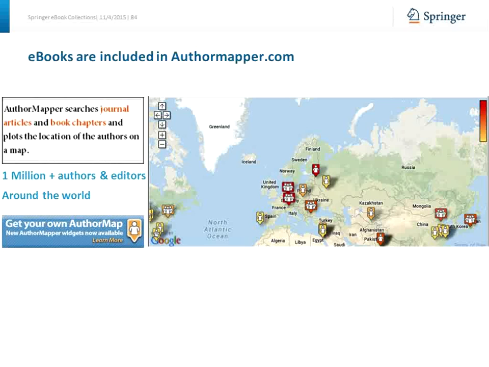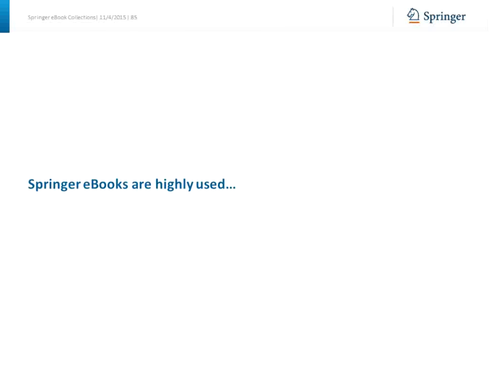And you can just play around. This is a free tool. Just go to authormapper.com and play around, search for a particular title or a subject or a keyword, and you can easily see where the majority of authors in that particular discipline are located.